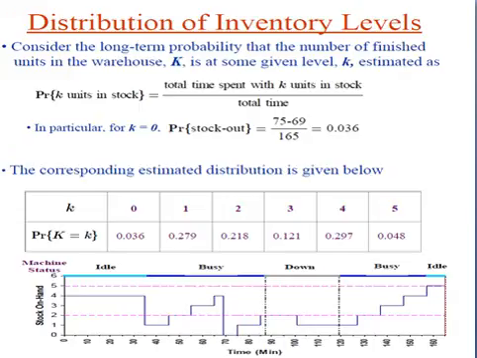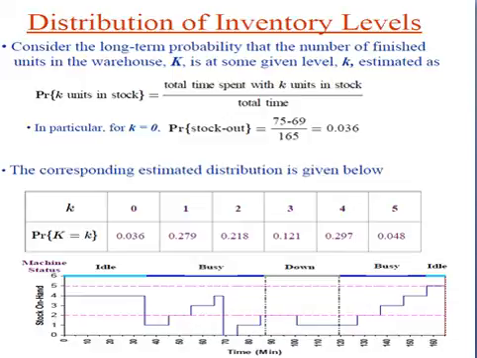In the discrete event simulation example, we are also interested in finding the probability distribution of finished products in the warehouse. Consider the probability that the long-term number of finished units in the warehouse, denoted by capital K, is at some given level small k. These probabilities are estimated by the expression here.